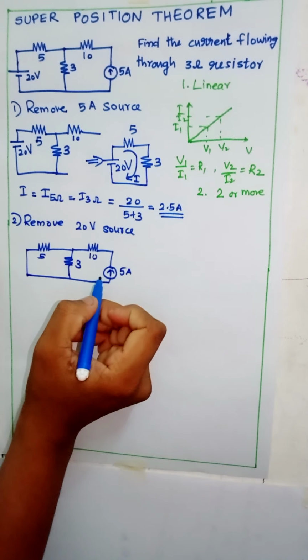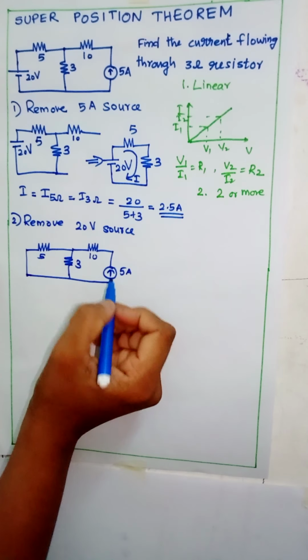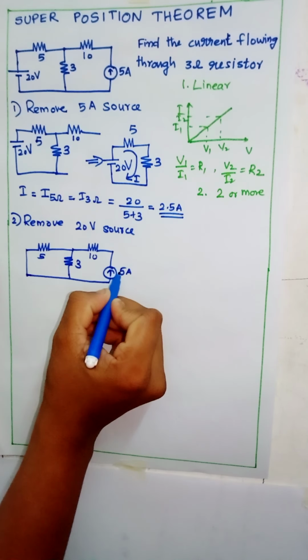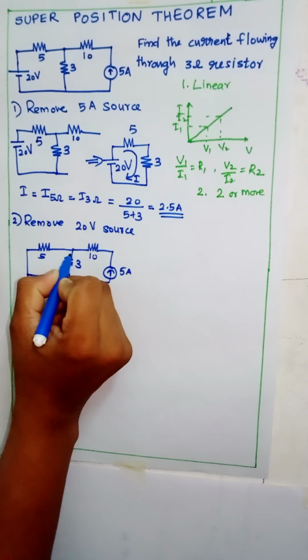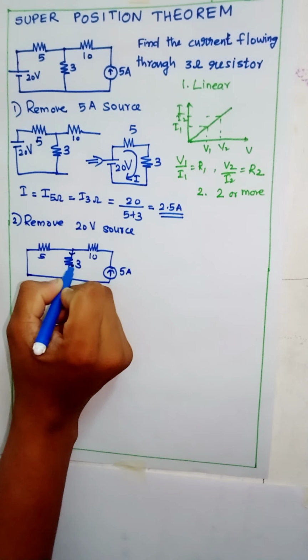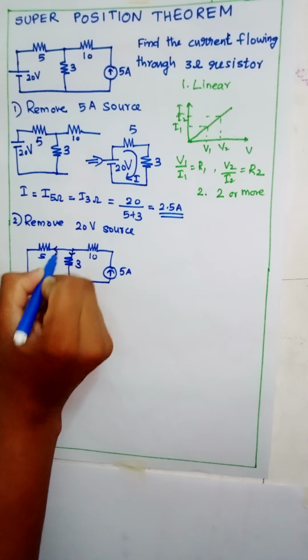Here the 5 ampere source is there. Total 5 ampere current flows through 10 ohm resistor and is divided into 3 ohm resistor branch and 5 ohm resistor branch.